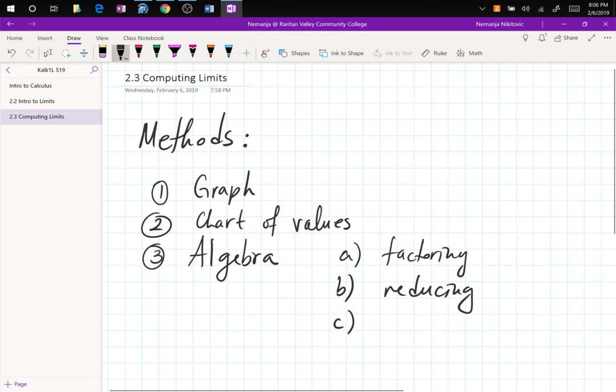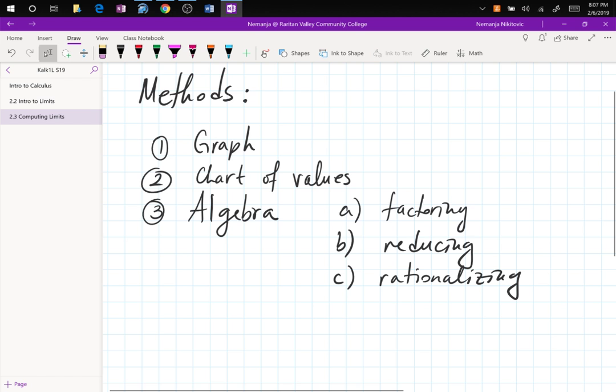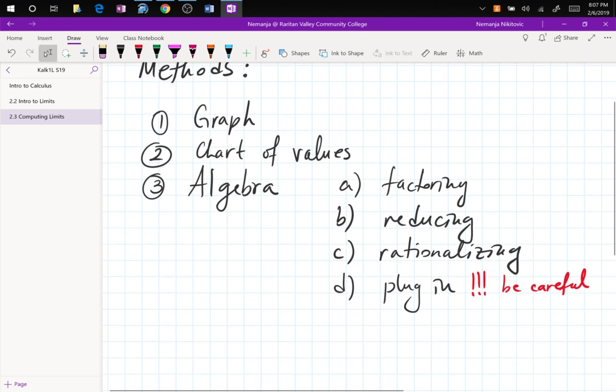So factoring, reducing, rationalizing. The scary method, which I should have placed as A, is plug in. I have to put a warning over there. Be careful. Maybe there are some identities you can use.